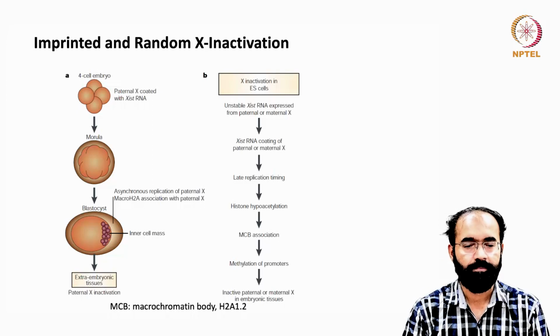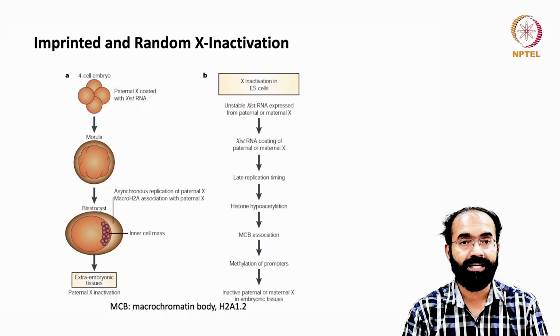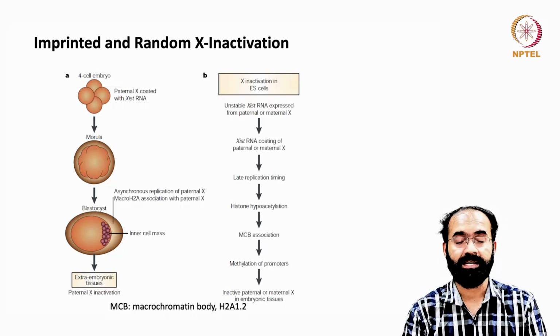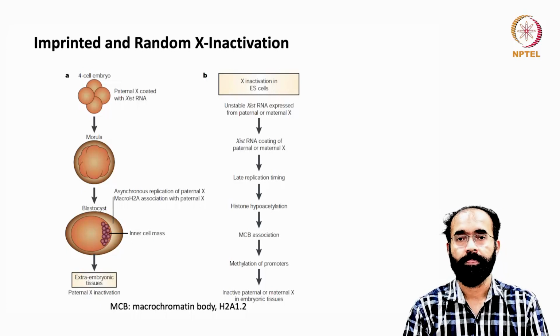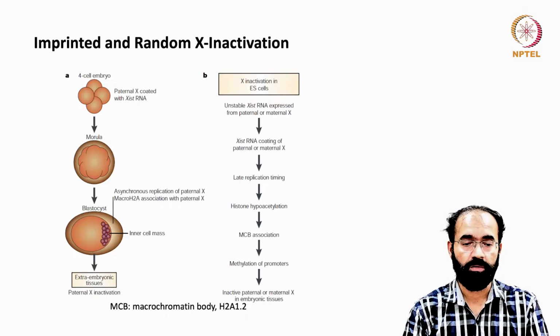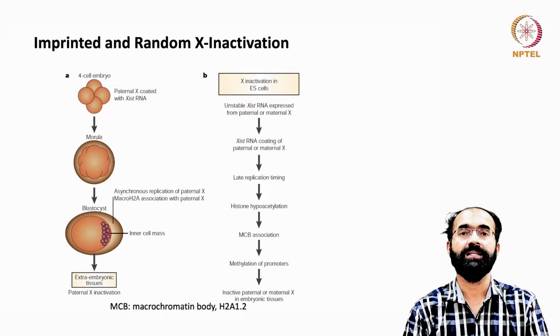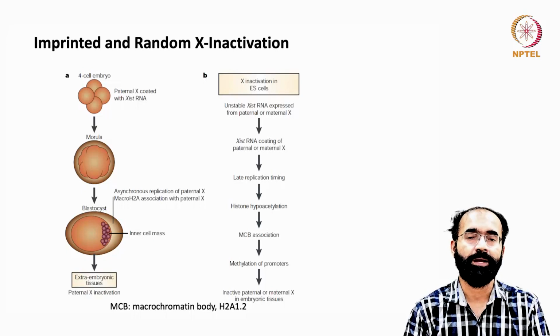Now let us see how imprinted inactivation and random X-inactivation differ. I already told you that imprinting follows a particular pattern with no obvious reason. It follows the same pattern as it is, it has to follow. Like you may see in some families, the grandfather was an MBA, the father is an MBA, and the son is also an MBA.